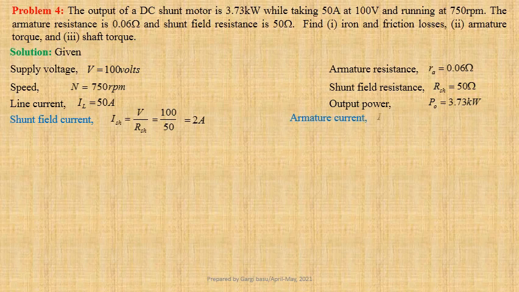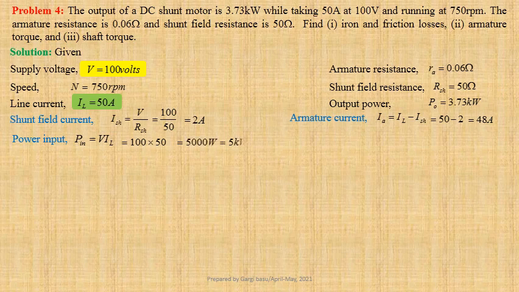Armature current IA equals IL minus ISH, that is 50 minus 2, that gives us 48 ampere. Input power Pin equals V into IL. Using values, we get 100 into 50, that is equal to 5000 watts or 5 kilowatt.